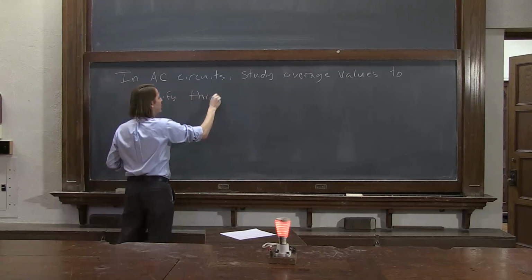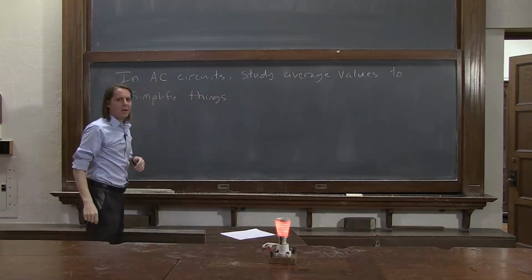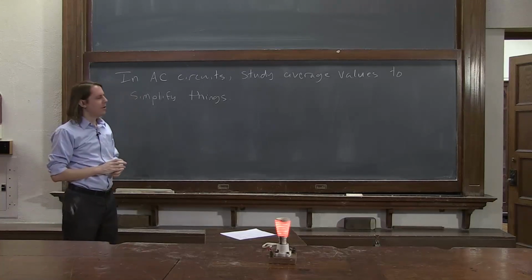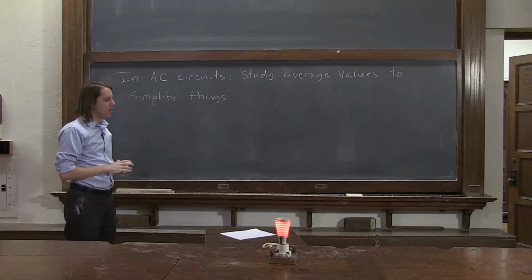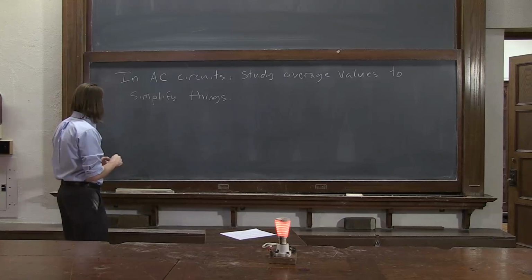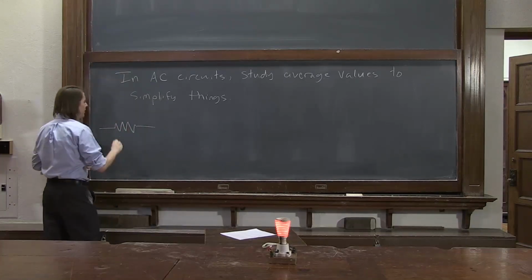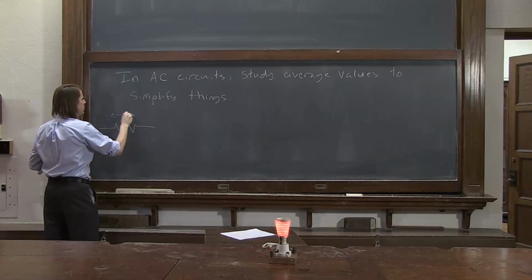Things, what an awful choice of words. But rather than keeping up with the oscillations around every component, every voltage, every current, we will just consider the averages. So as our first example, let's just think about a resistor with an oscillating current going through it.